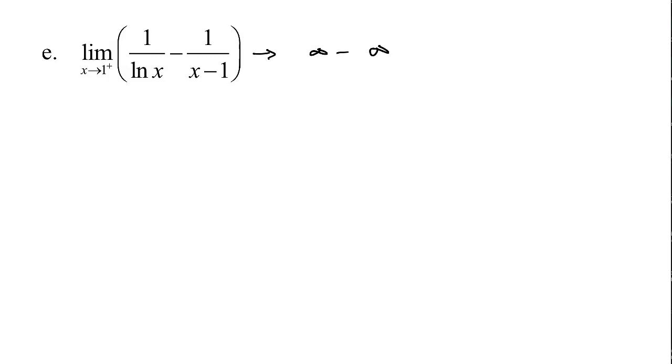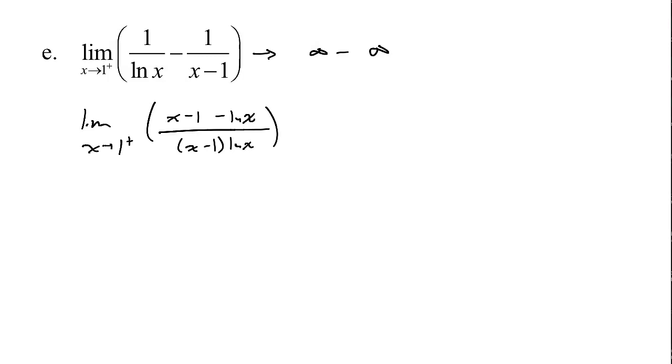So now I need to be able to rewrite this as a fraction somehow. Well, the only way to really do that is to get common denominators, which would be multiplying up your x minus 1 and your ln of x over that denominator. And then this will allow me to do L'Hopital's from here.